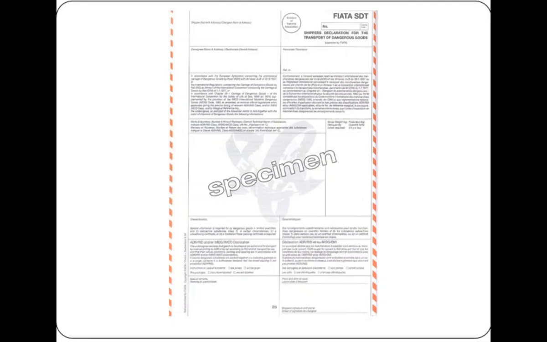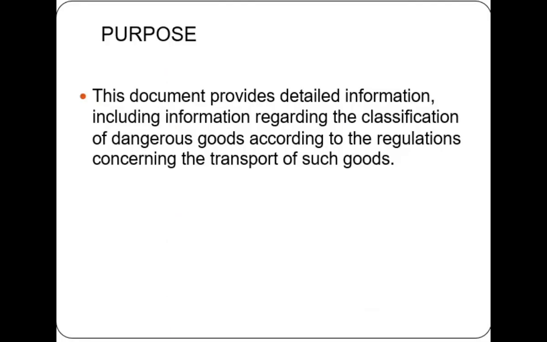A specimen of the SDT is shown in this slide. Now, the purpose of the SDT. This document provides detailed information, including information regarding the classification of dangerous goods according to the regulations concerning the transport of such cargo.